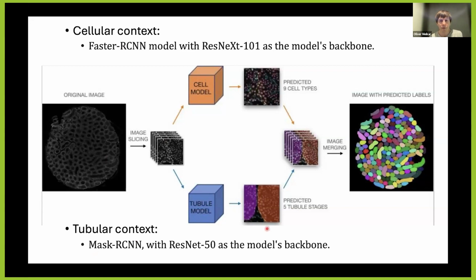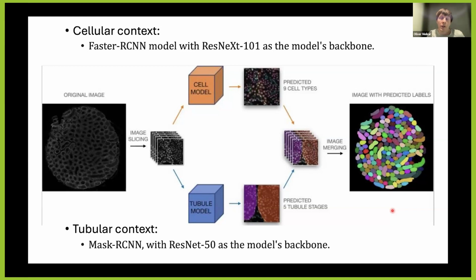And then there was logic to glue these individual images into the larger images. So we ended up with this large image where all the tubules were predicted and all the cells inside were predicted, and that allowed you to do a lot of statistics, like which developmental tubules have which cell types and so on.